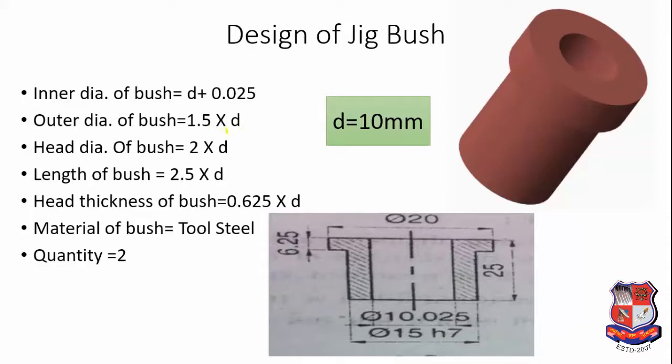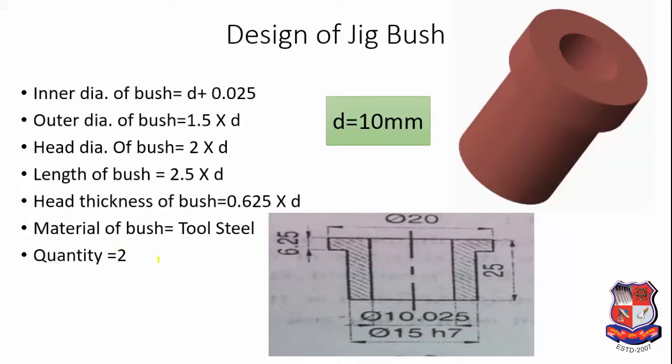So putting the value of d in all 5 equations, we will get inner diameter as 10.025, outer diameter as 15, head diameter as 20, total length or height of the bush will be 25 mm, and head thickness of jig bush will be 6.25 mm.